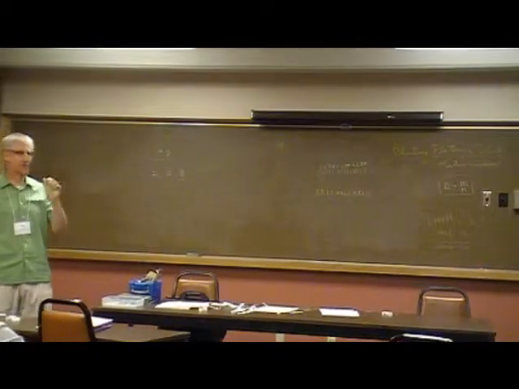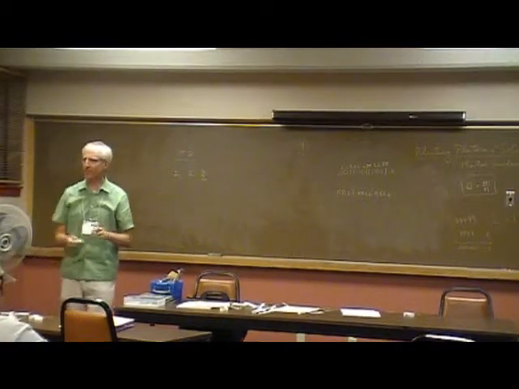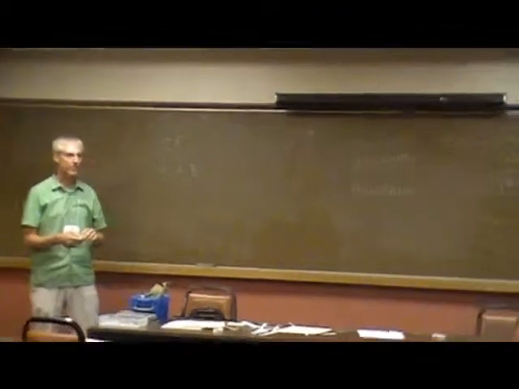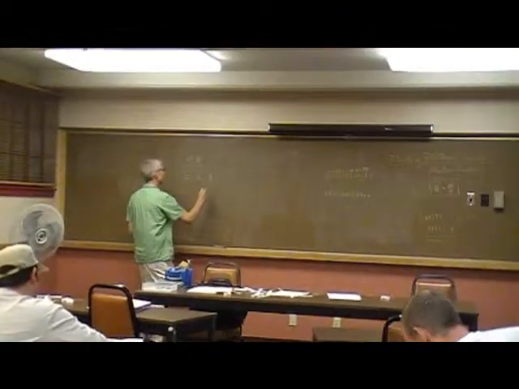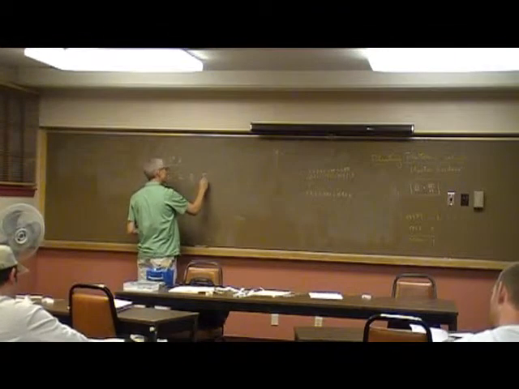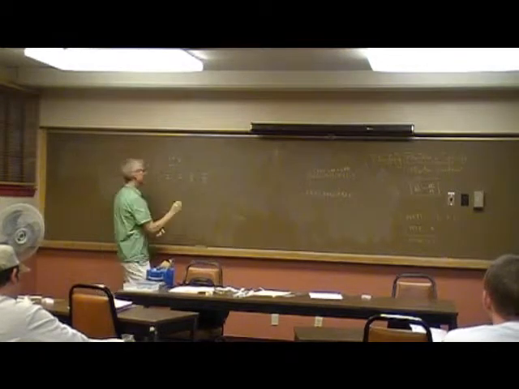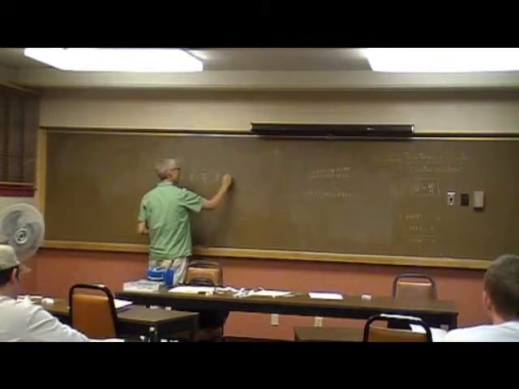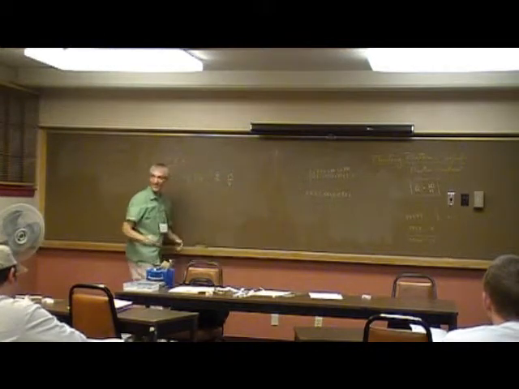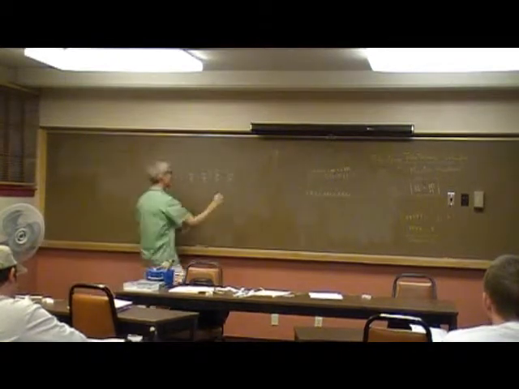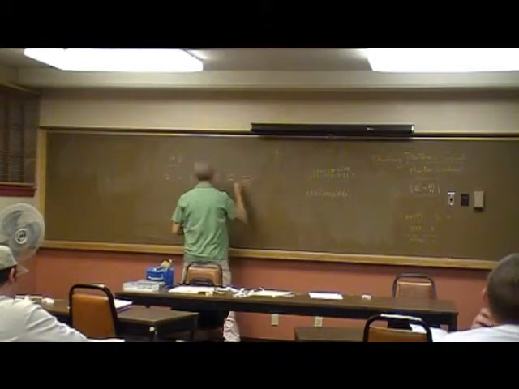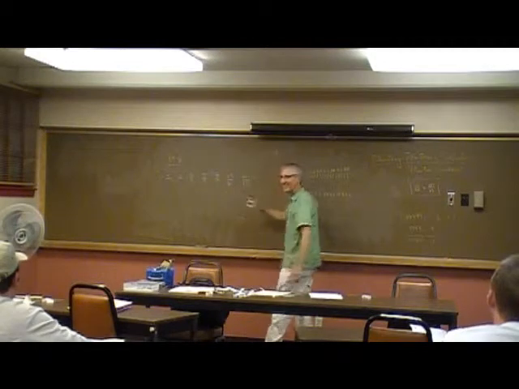So I take the reciprocal and I add 1. Reciprocal of 3 over 2: 2/3, add 1: 5/3. Repeat. 8/5. 13/8. 21 over 13. You guys are fast. Fibonacci. And what do you see?